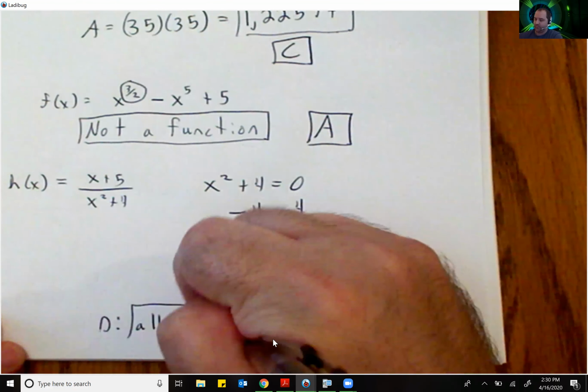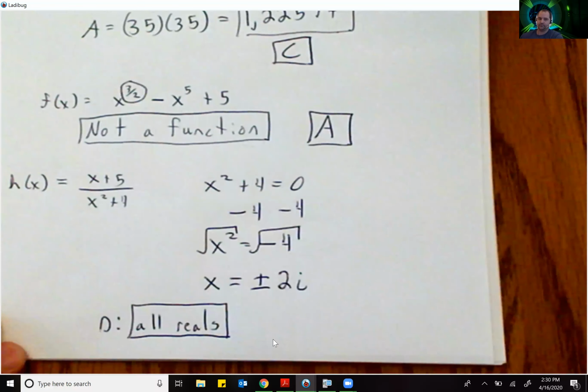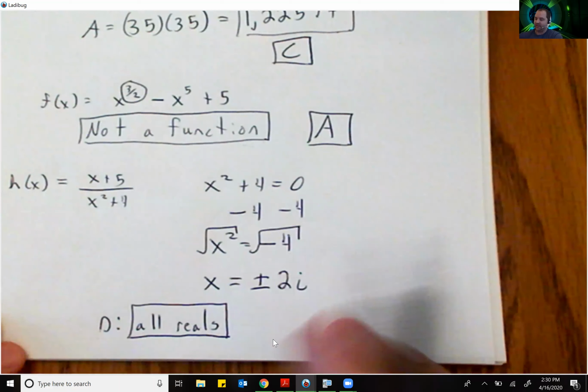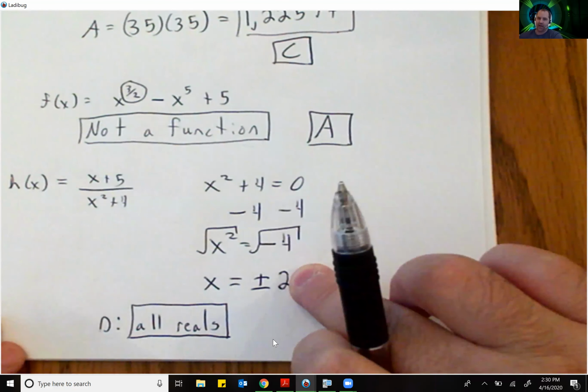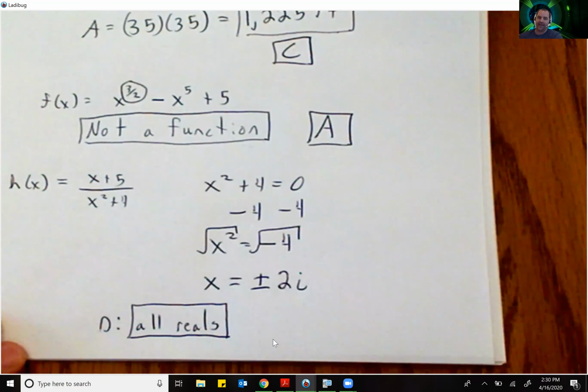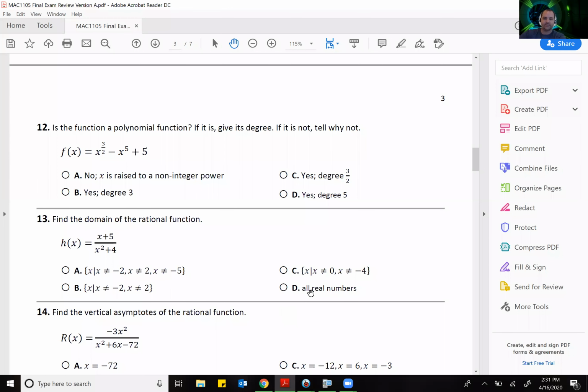There is nothing we do not like. But again, like I said, if this was just plus or minus 2, then it would be x not equal to negative 2 and x not equal to a positive 2, because those numbers would be trouble. So if we go back, the only answer for us is D, because there's no numbers we don't like.